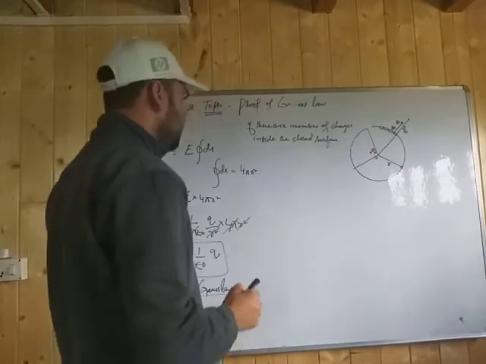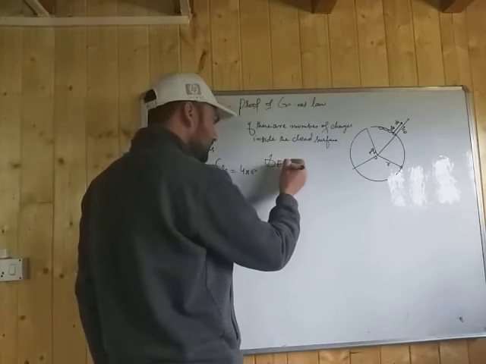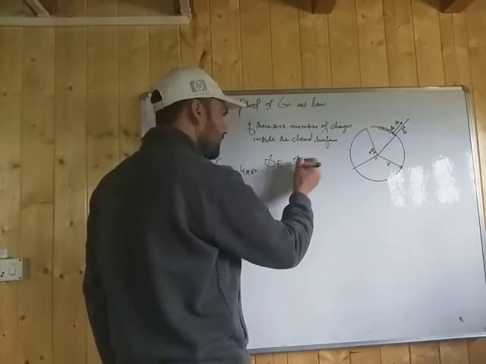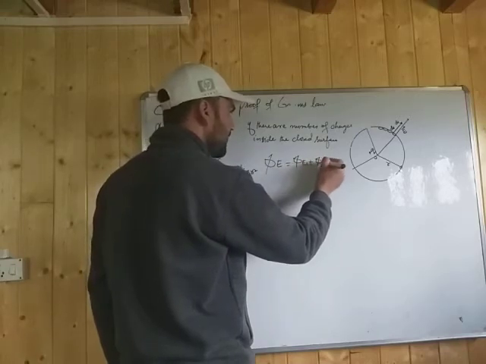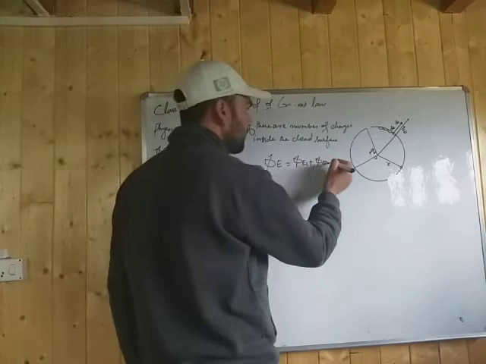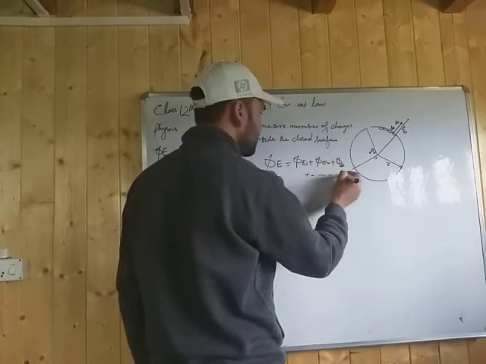then the total electric flux phi E is equal to phi E1 plus phi E2 plus phi E3 plus so on.